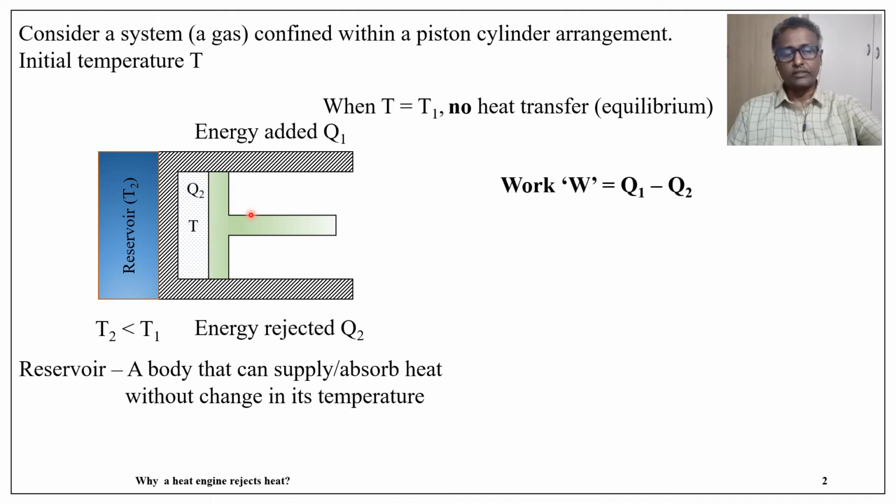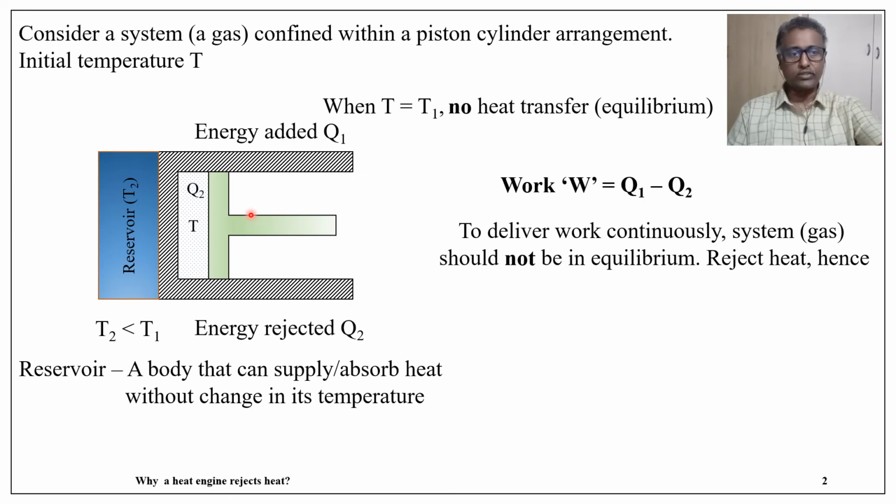Therefore, for a system to deliver work continuously, it should not be in equilibrium. Here the gas confined within the piston cylinder arrangement is the system. How is that equilibrium disturbed? By the rejection of heat.